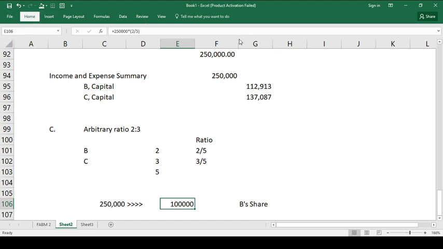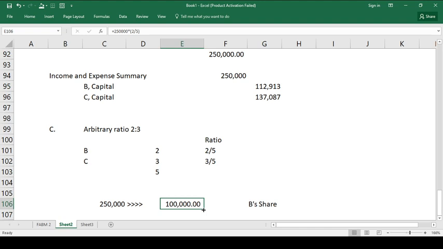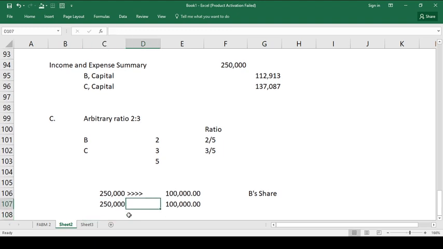And then how about on C? Sabihin natin 250,000. Magkano kaya ang C share? That would be 250, 3 over 5. That is 150. Ito ang share ni C.